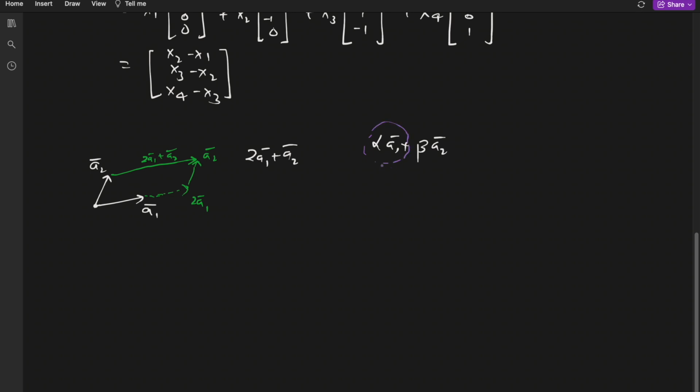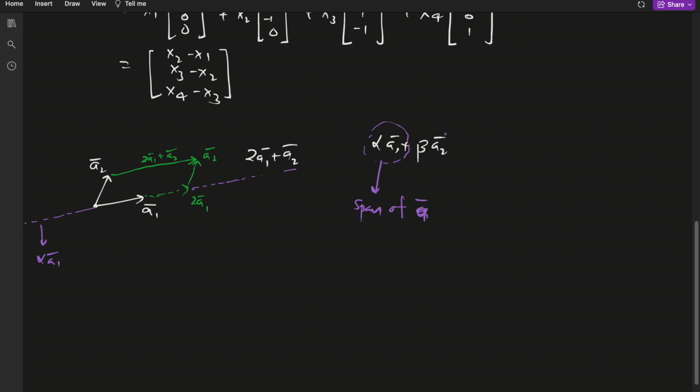This is nothing but the span of vector A1, basically all the linear combinations of the vector A1. Because it's a vector alone, you just need to scale it. So alpha times A1 is nothing but the line passing through the vector A1. You just take all the possible scaled versions of A1.